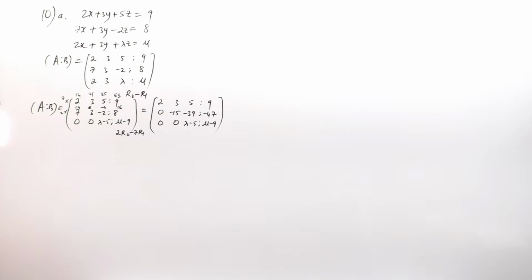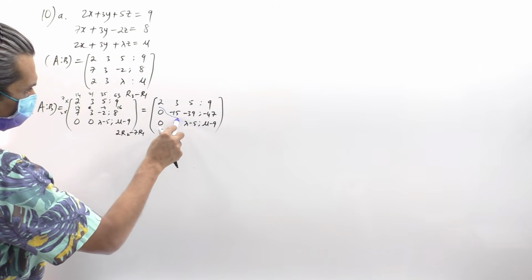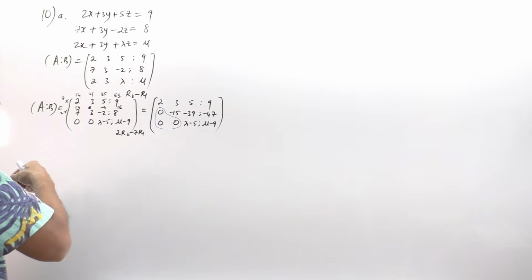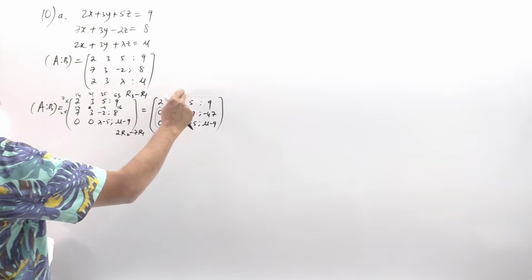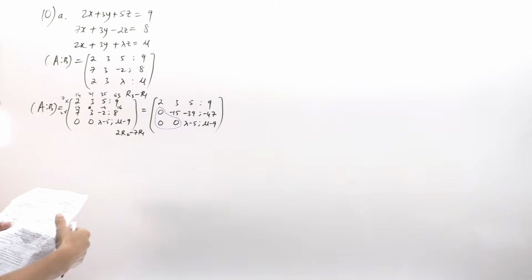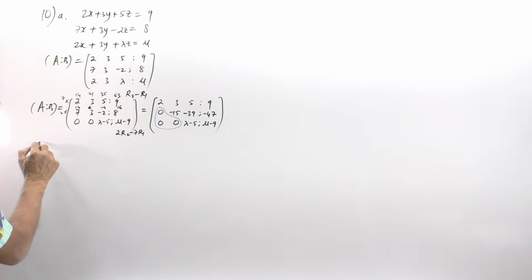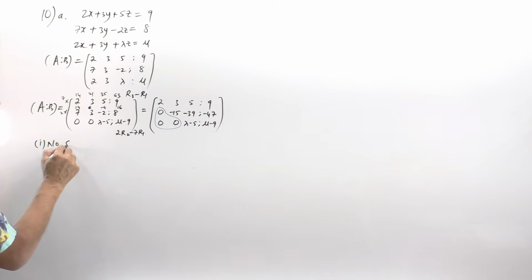Now the next is the conditions. My main aim here was to make this all 0, correct? I made this all 0. So this is for x, y and z, 3 variables. Now they are asking first for no solution.